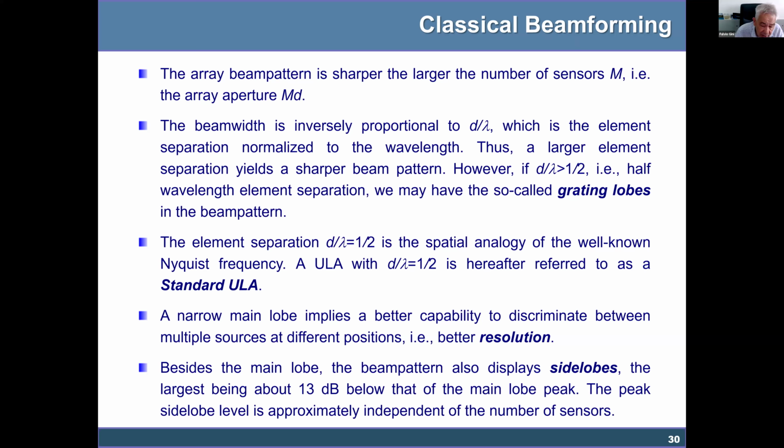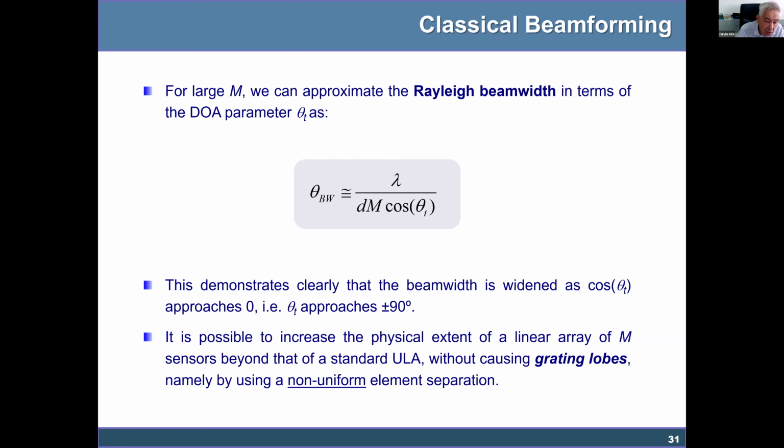So in any beam pattern, you have side lobes. And unfortunately, the side lobes can mask weak targets. So it's important to have the side lobes significantly low. I comment on this and then we make the first break.